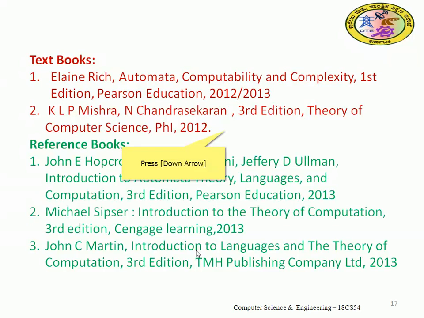Apart from this, there are materials from magazines and scientific journals, and the internet is a huge resource for interesting topics related to the Church-Turing thesis, variants of the Turing machine and linear bounded automata as part of automata theory and computability.